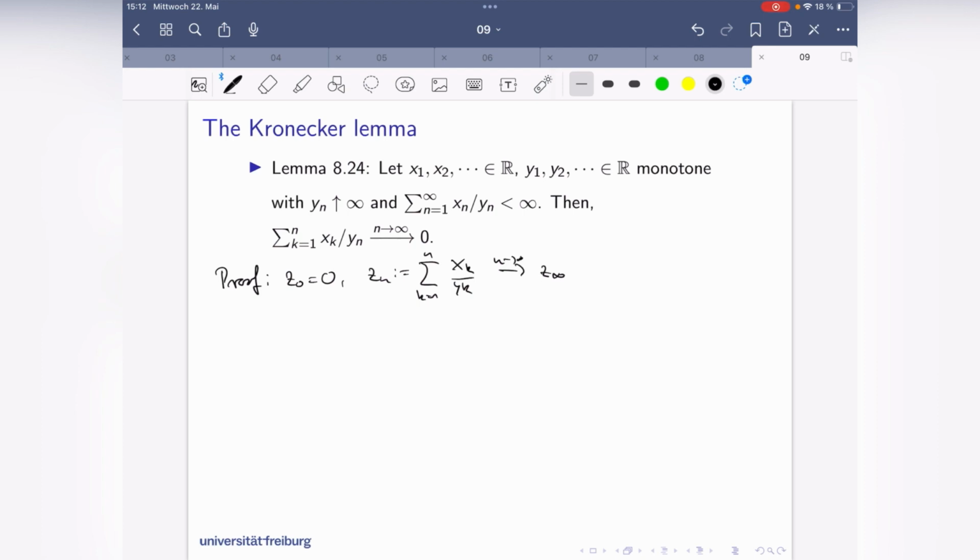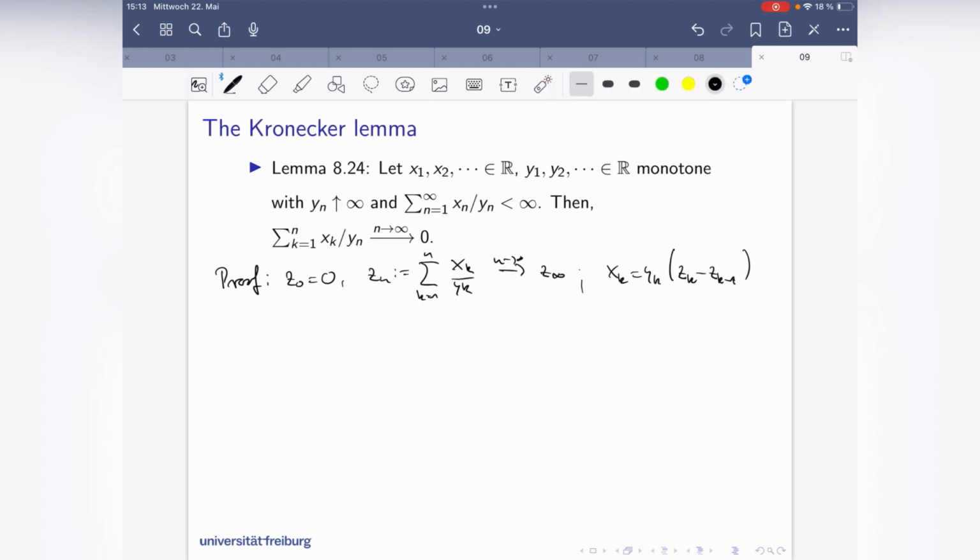And I can also write xk equals yk times zk minus zk minus 1. Zk minus 1 by definition is, where am I here, xk divided by yk, times yk equals xk. So that's it.